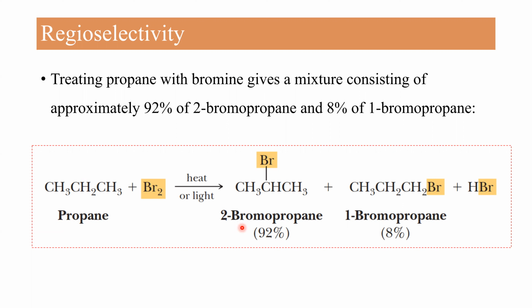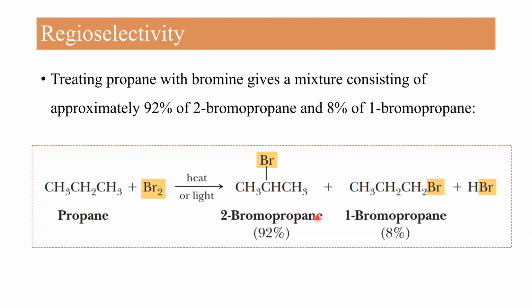I hope you have the concept of secondary, primary and tertiary carbons, though I have touched on that concept here. But if you need more detail and want to refresh your concept, you can check out my lecture on the reactions of alkanes on YouTube, where I have explained in more detail what secondary, tertiary and primary carbons are.